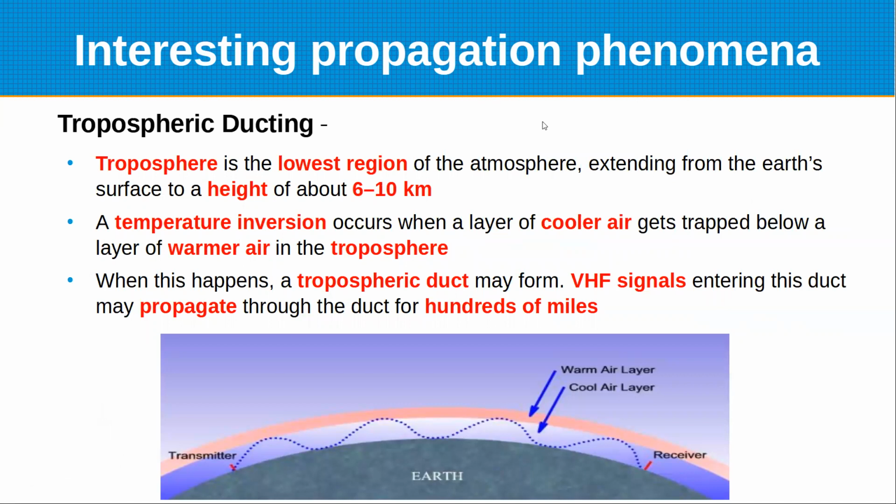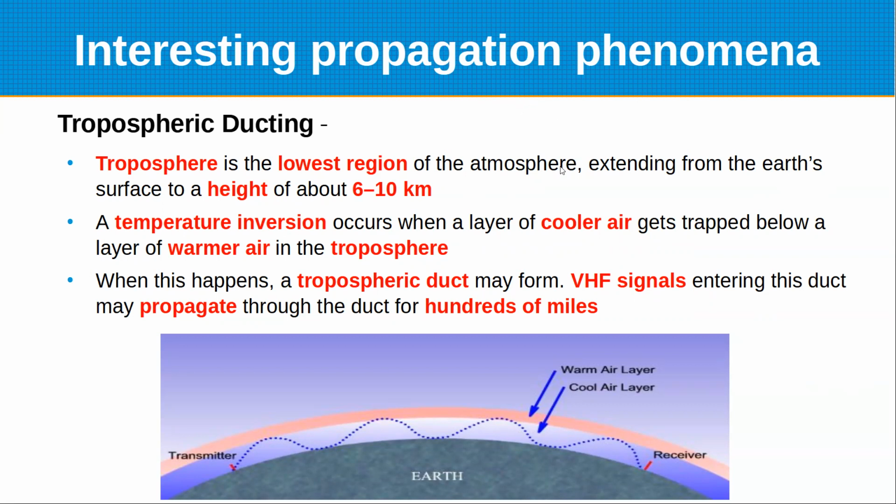Then there's tropospheric ducting, where in the troposphere, you can have a temperature inversion where you get a warm layer of air above a cold layer of air. And it acts like a duct for radio waves, and will actually propagate along that duct, like microwaves do in waveguides, similar kind of thing, except much lower frequency.